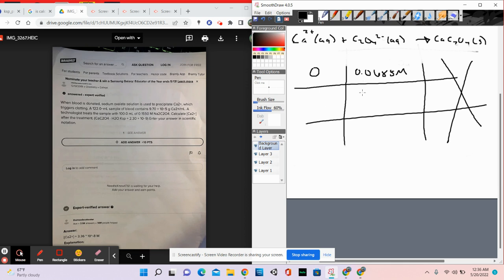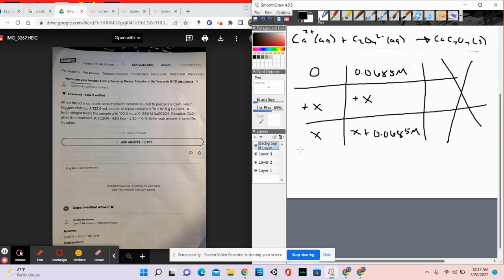Now, since these react in a 1-to-1 ratio, all we need to do is add x for the change, so plus x for each, and that gives you x and x plus 0.0685 molar.